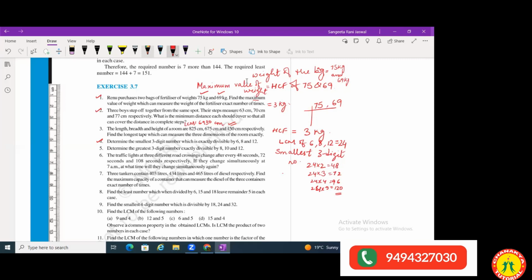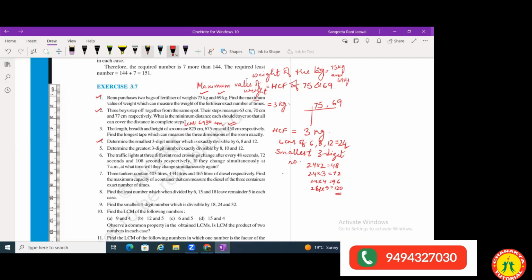Okay, children, look here. After finding the LCM of 24, what you have done is also correct. I got the LCM of the 3 numbers as 24. Now I want to find the smallest 3-digit number which is a multiple of 24. So I try finding multiples of 24. 24 into 2, I got 48. 24 into 3 is 72.